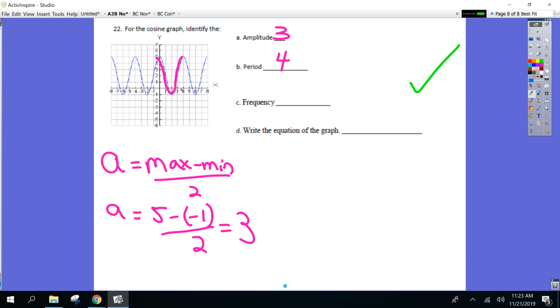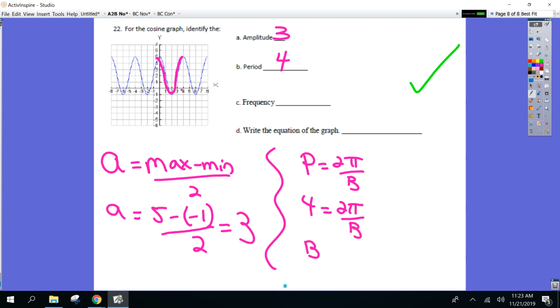All right, frequency, how can I find that now that I know the period? Period equals? Okay, we said the period was 4. I just got to make sure, are we okay solving for B now? Because this is it tomorrow.